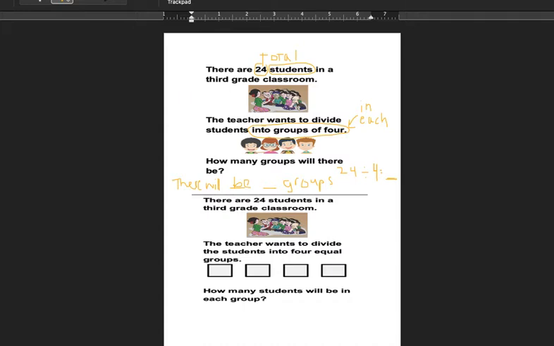Because it says into groups of 4, I'm just going to make groups of 4 up until I get up to 24. So 1, 2, 3, 4. This is one group. 5, 6, 7, 8.